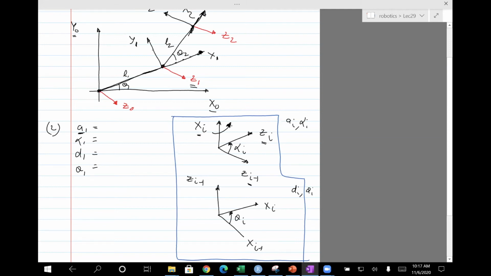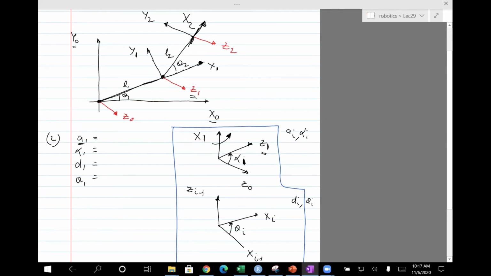That's how you interpret this picture. I'm going to replace x_i with x1, and this with 1 and this with 0, because i is 1.